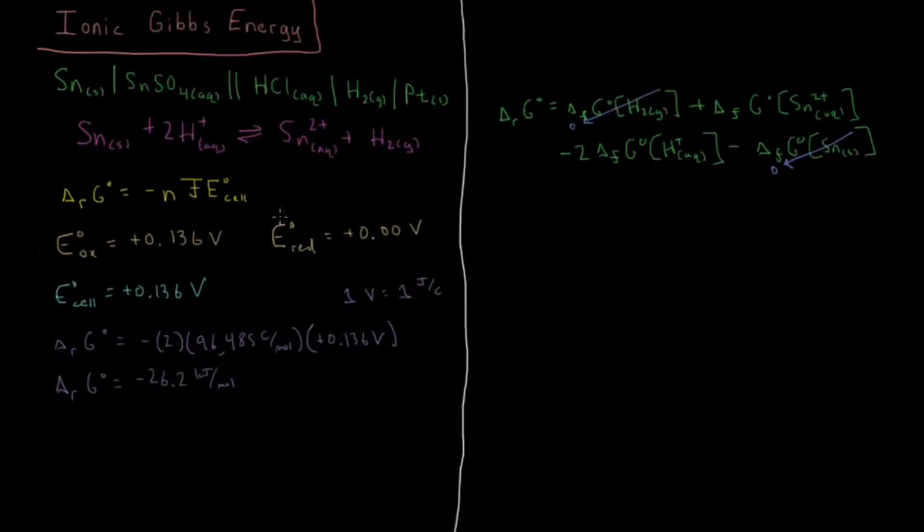So what that leaves is that our Gibbs energy of reaction, this minus 26.2 kilojoules per mole, is equal to the standard Gibbs energy of formation of aqueous tin 2+ ions, minus 2 times the standard Gibbs energy of formation for aqueous hydrogen ions.